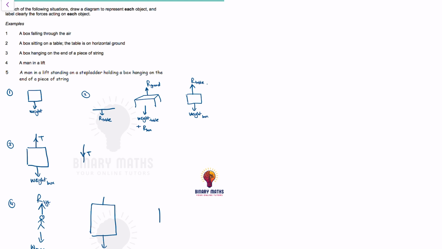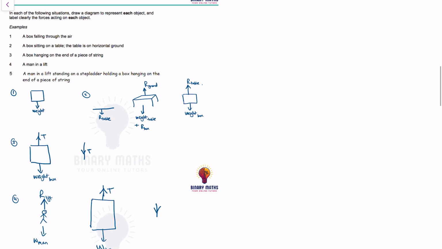It also feels the reaction of the man, so the man pushing down on it, plus the reaction force from the man. And the tension from the string that's holding it up. And the string feels the tension pulling it down.